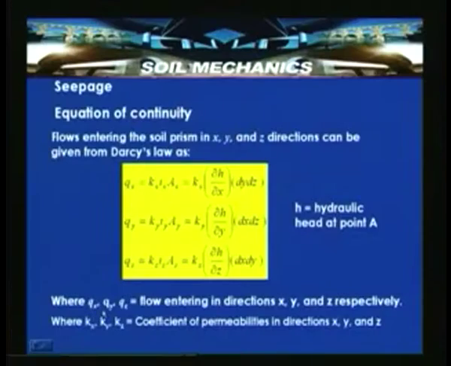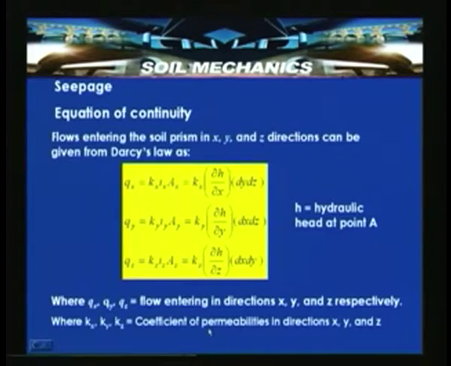Similarly, now we can also write the flows leaving the soil prism, that is coming out of the particular soil element under consideration. See here, qx, qy, qz are the flows entering in x direction, y direction, z direction respectively, and kx, ky, kz are the coefficients of permeability in x, y and z direction.